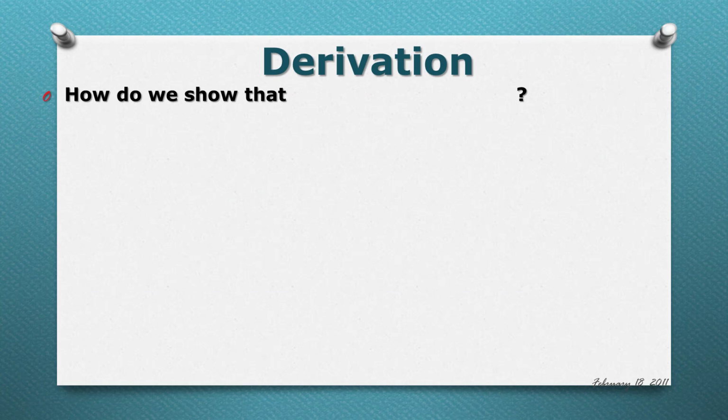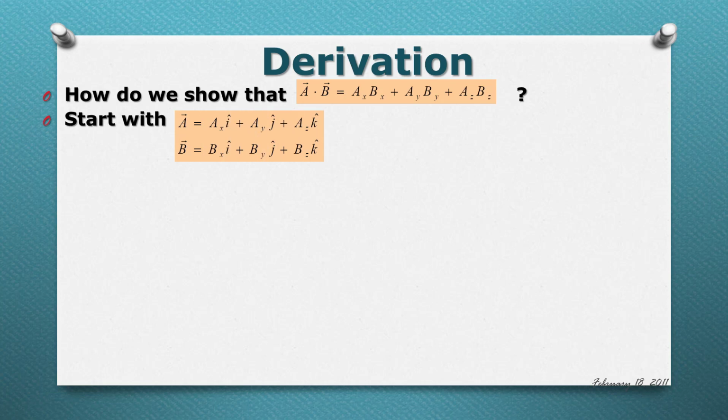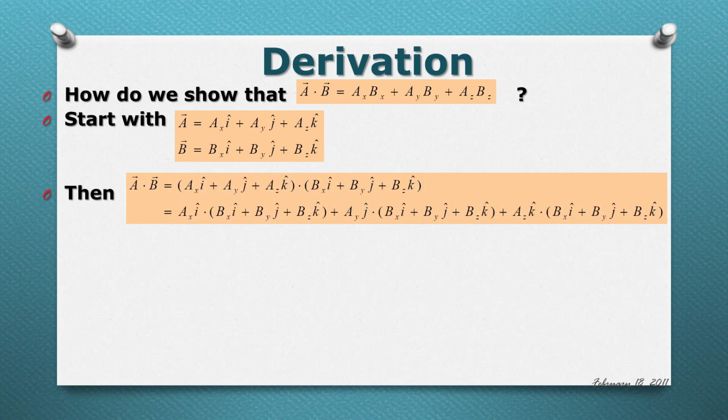First, we will start with vector a and vector b which are given in the question: vector a is ax i hat plus ay j hat plus az k hat, and b is bx i hat plus by j hat plus bz k hat. Then, as we have to take the dot product, we write a dot b in component form.